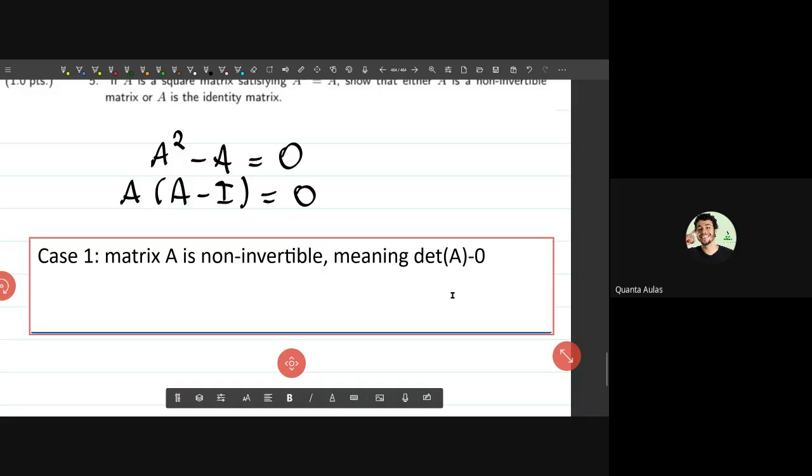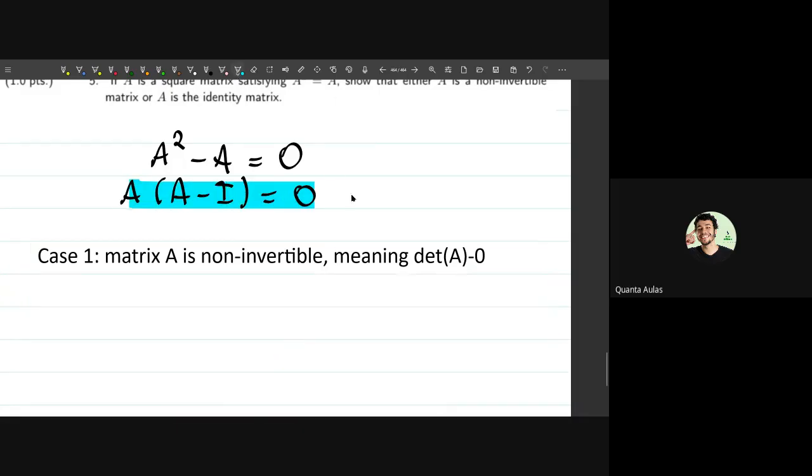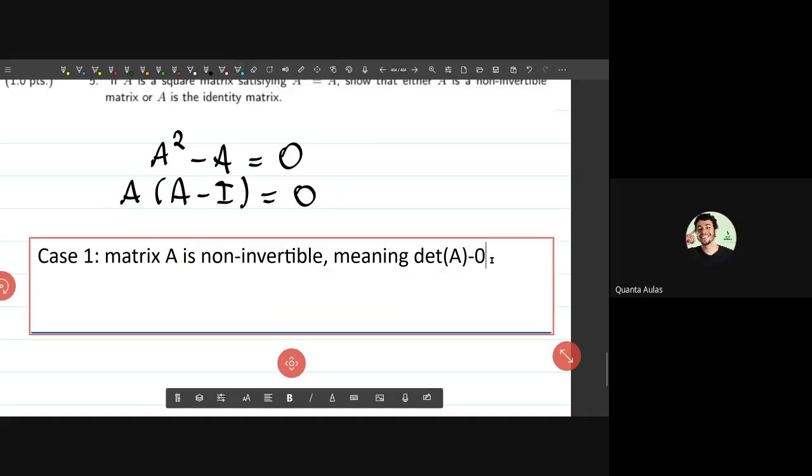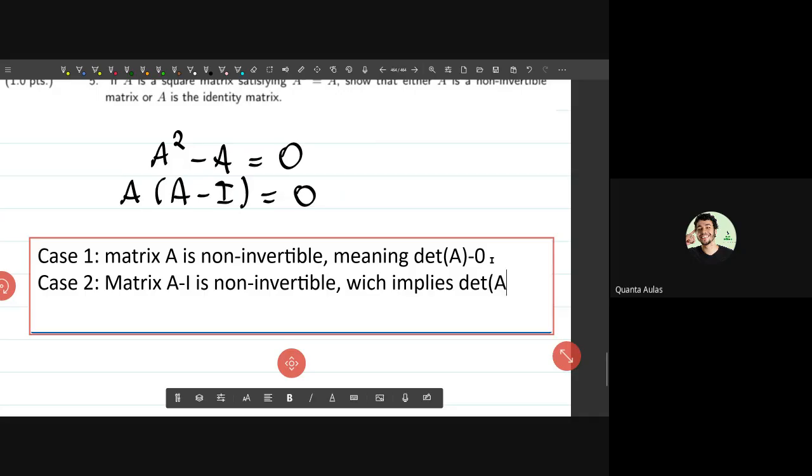But we have another case, okay? Because this equation is equal to 0, this can be 0 or this, right? Amazing. So case 2: the matrix A minus identity is not invertible, which implies that A minus 1 equals 0.